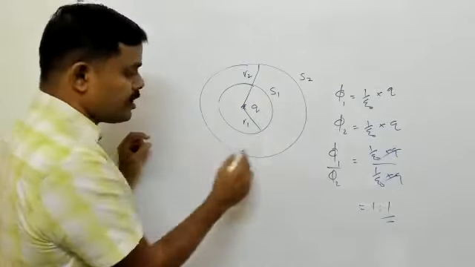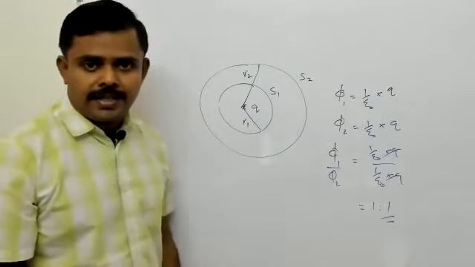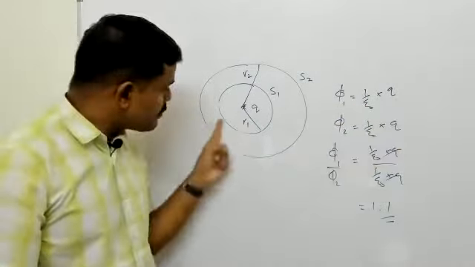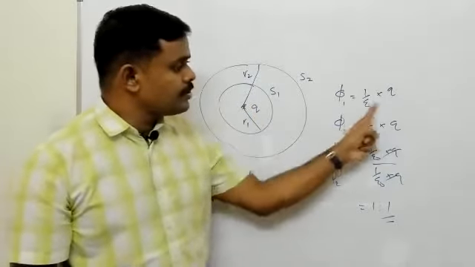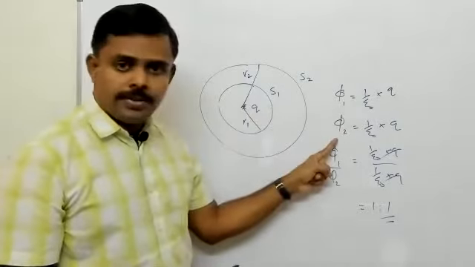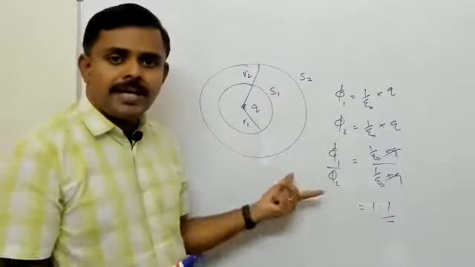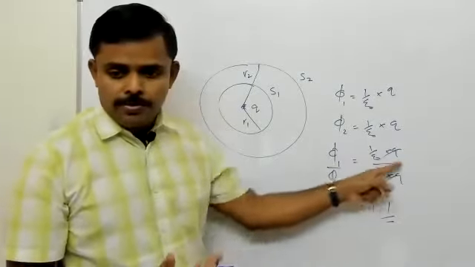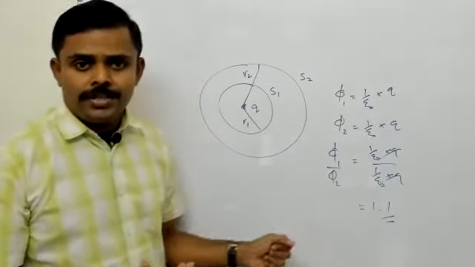Then the ratio of fluxes: for the inner sphere, 1 by epsilon 0 into Q, because the charge inside is Q. And phi 2, 1 by epsilon 0 into, again the charge inside is Q. There is only one charge. So the ratio is 1:1.